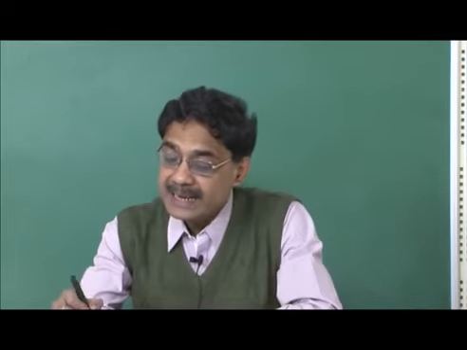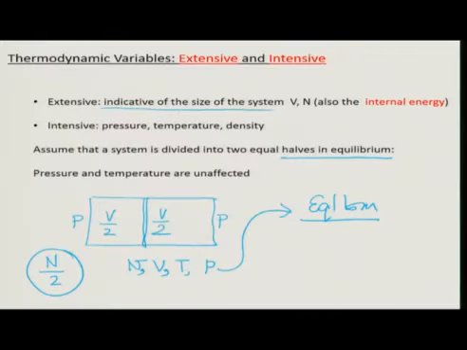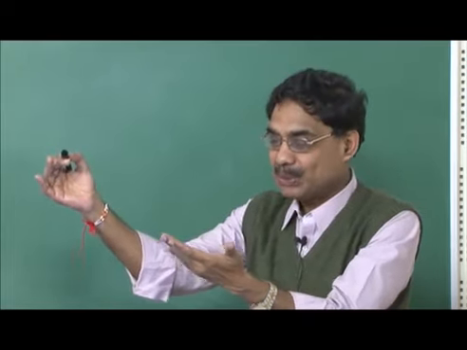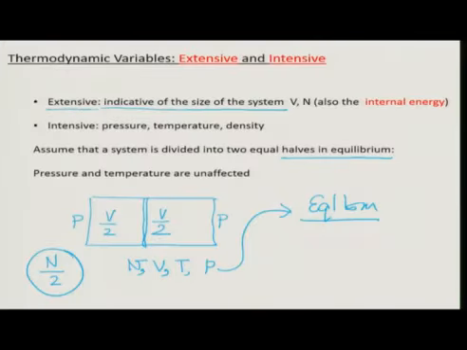Quantities which are indicative of system size, that means if I halve the system, they get halved, they become half of their initial value. These are called extensive quantities, for example, volume, number of particles, and also a quantity which I am going to define very soon called the internal energy. These are extensive quantities. Okay.